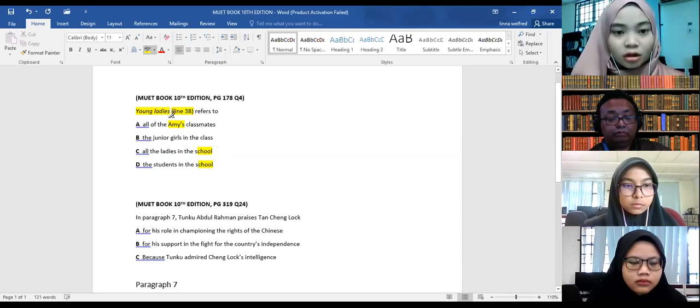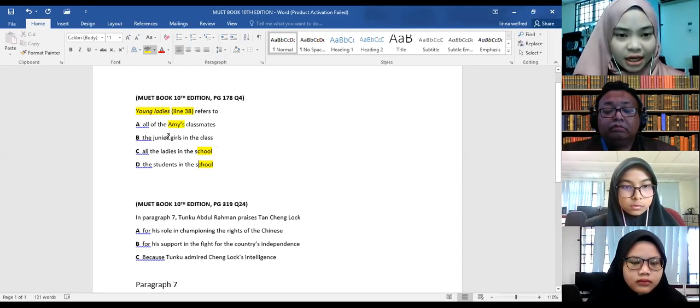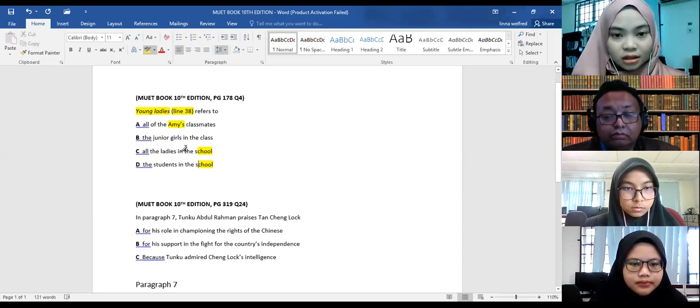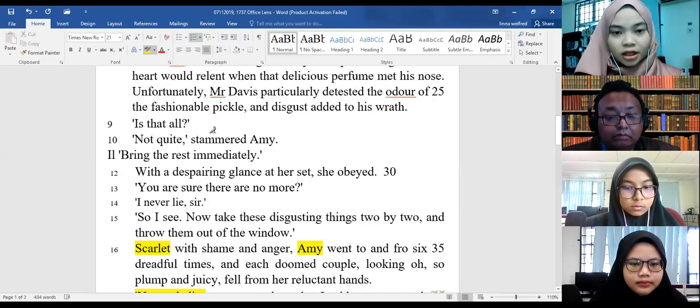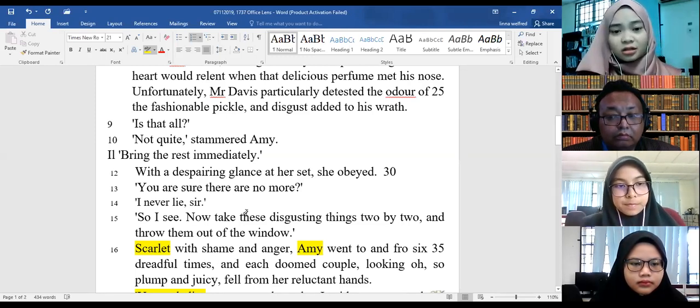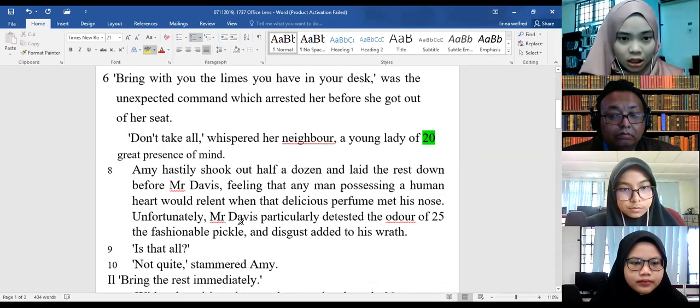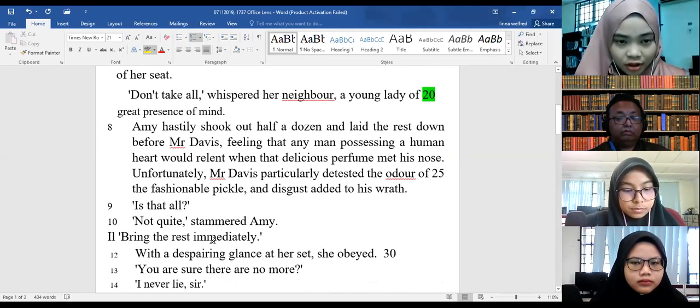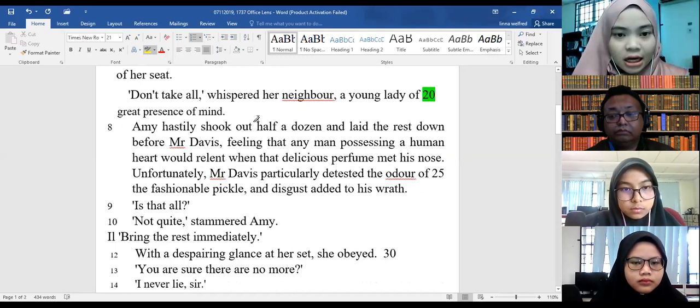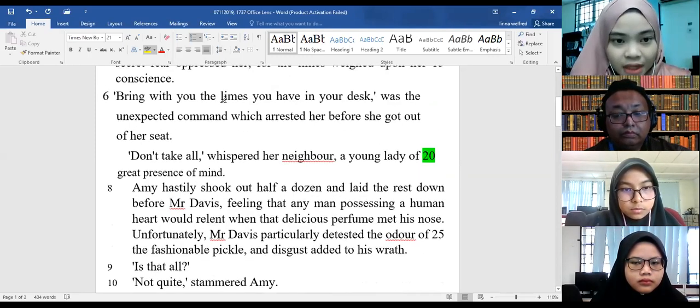Because these answers are almost the same, let's look at the paragraph again. We need to find the setting so that we can eliminate the answers that are not related at all.